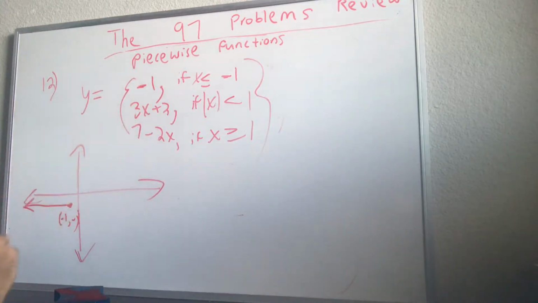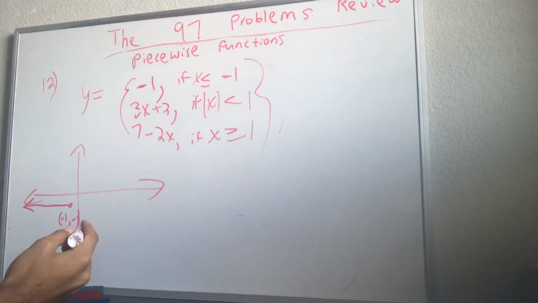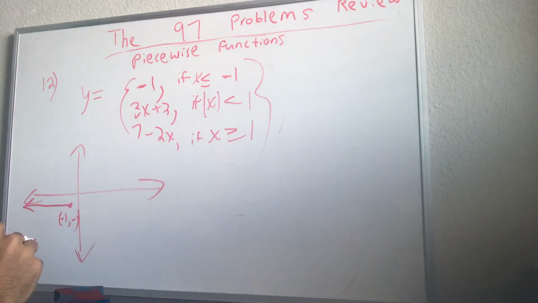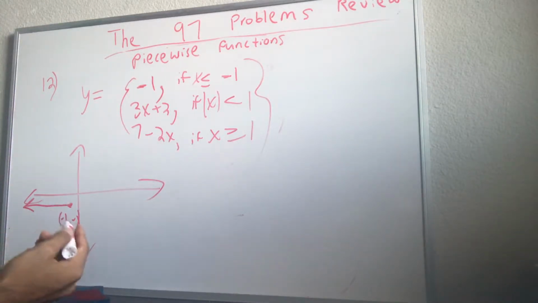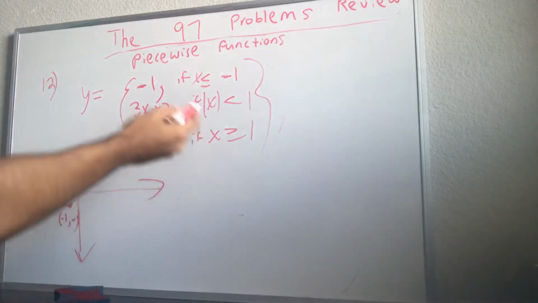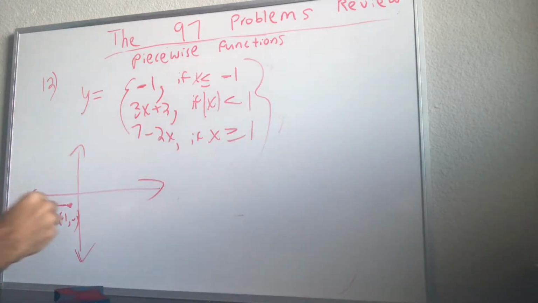And looking at the second one, we know that we're looking at the absolute value of x. If we look at 0, the absolute value of 0 is just 0, which meets the criteria. So we can plug 0 here, and we see that (0, 2) is a point.